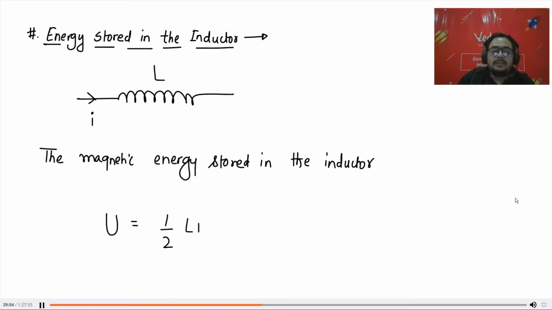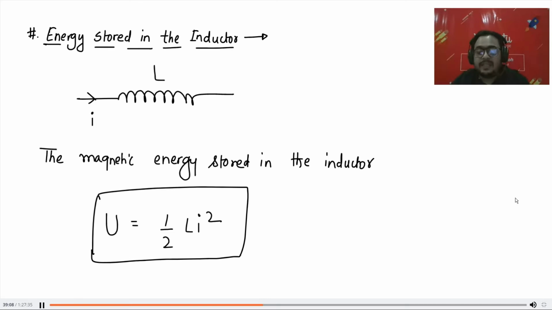This is similar to the formula of capacitance. In a capacitor, it was half CV square because potential was important. Here it is half Li square. Please note down everyone.